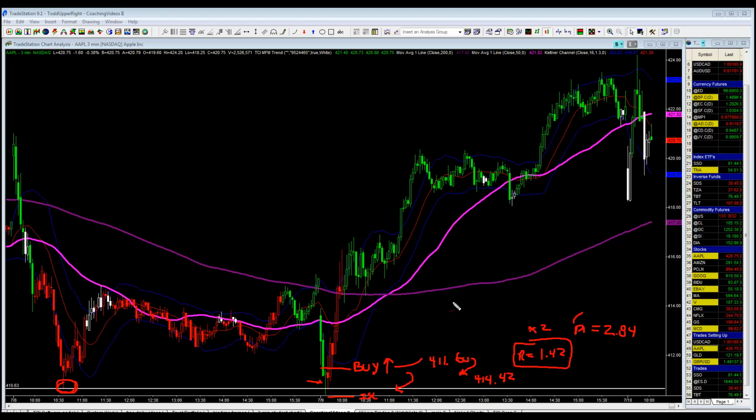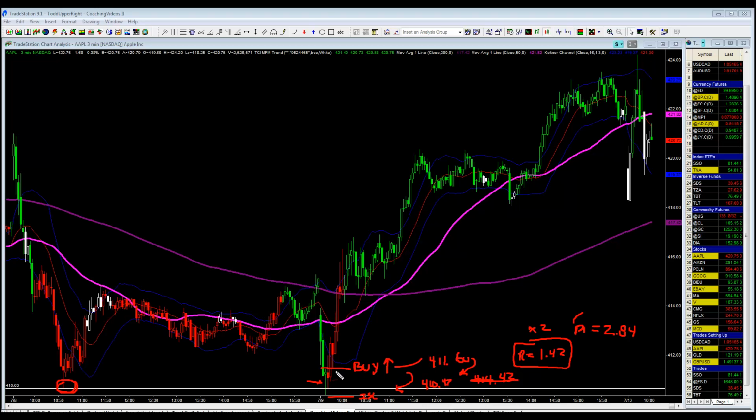That puts my first profit objective at, all right, I made a mistake here. Went long at 411.60. My initial stop loss, I'm totally wrong on this, is 410.42.